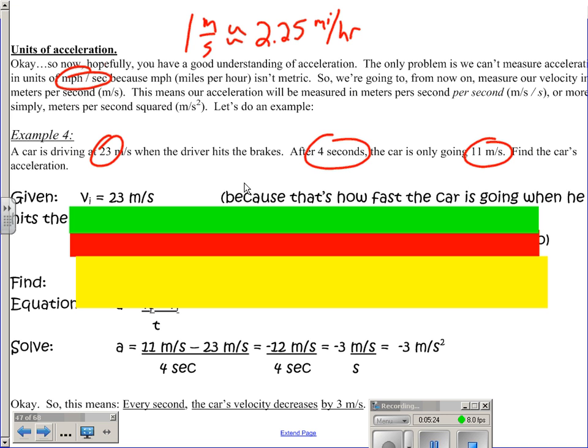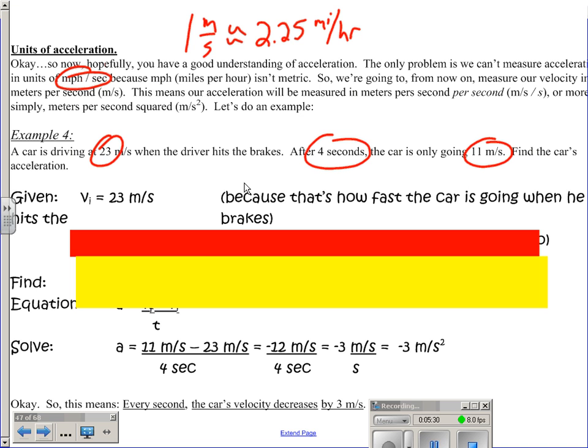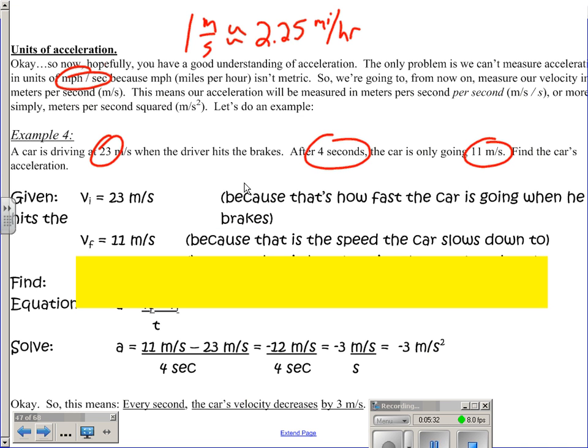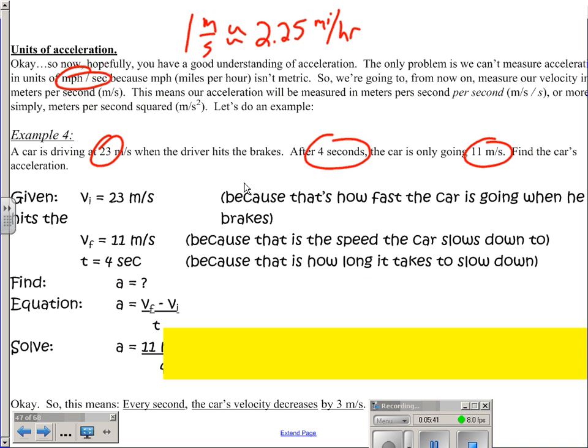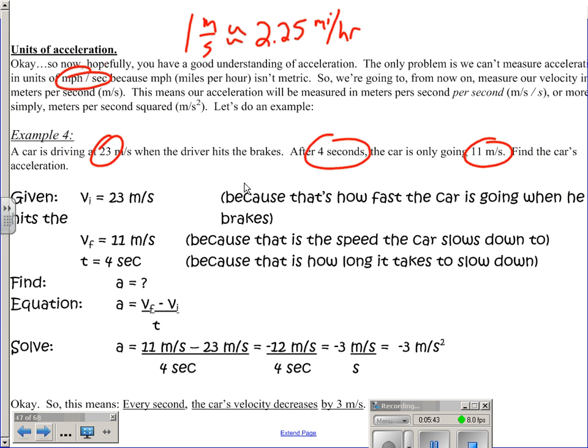We know the initial velocity was 23 meters a second, because when the car first started braking, that's how fast it was going. We know the final velocity is 11 meters per second, because that's what the car slows down to. We know that the time is 4 seconds, because that's how long it took to slow down, and we're trying to find the acceleration.